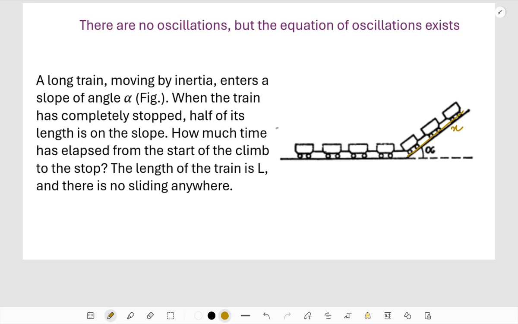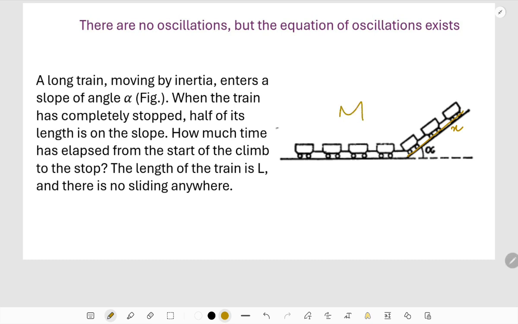Suppose that the initial speed of the train after its engine was shut down was V0. At the moment when the train started to climb the hill, its velocity was V0 initially, and its total mass is m.